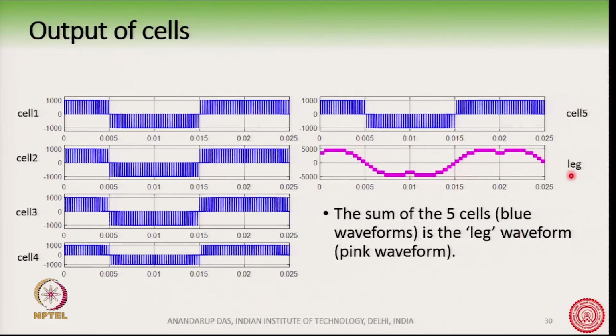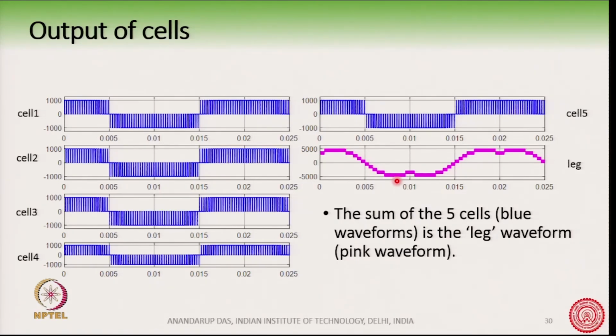the pink one. This is the pole voltage or the leg voltage, the output. You can see this output is pretty close to a sine wave, because now you see these steps or levels in the waveform.